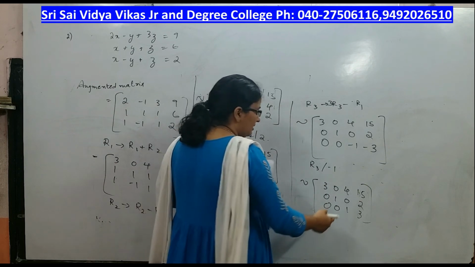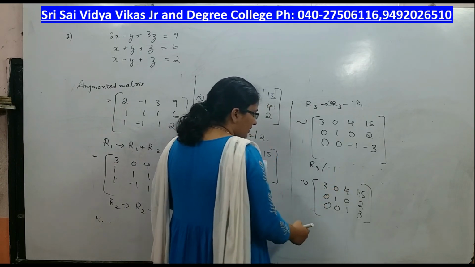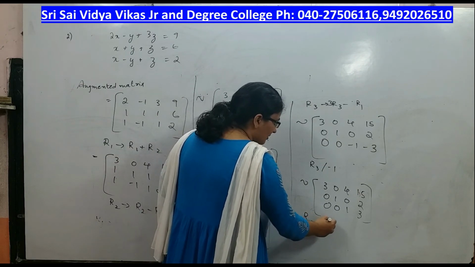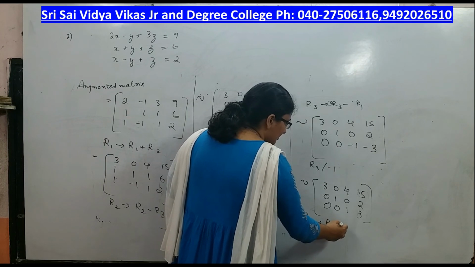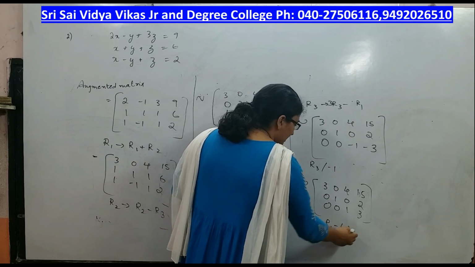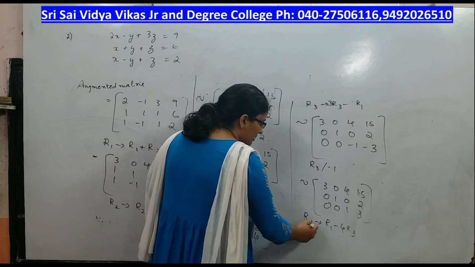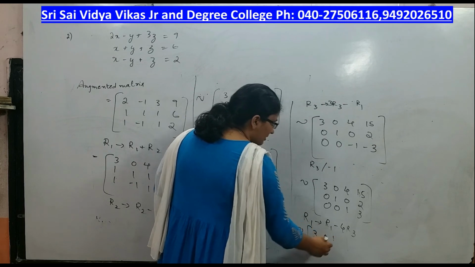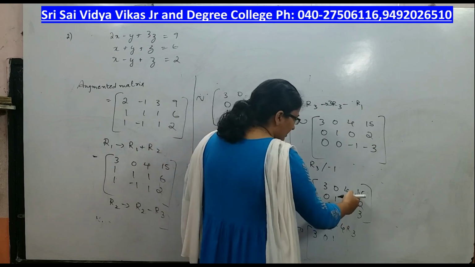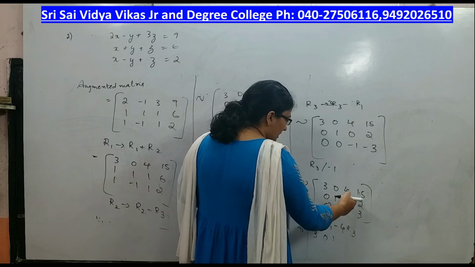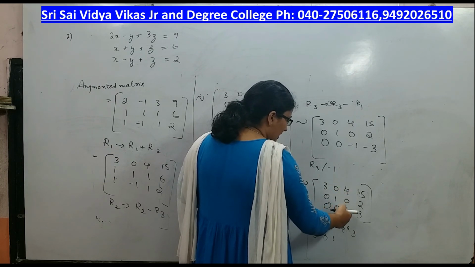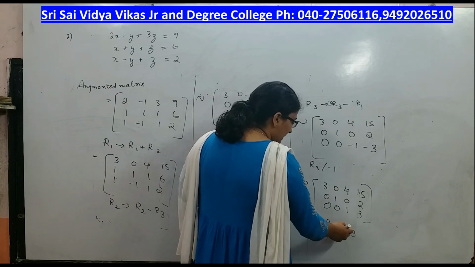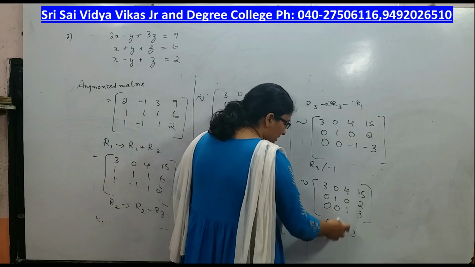You have to get a 0 here. So for that we shall do R1 changes to R1 minus 4R3. That is R1 minus 4R3, so that will be 4 minus 4, 0.